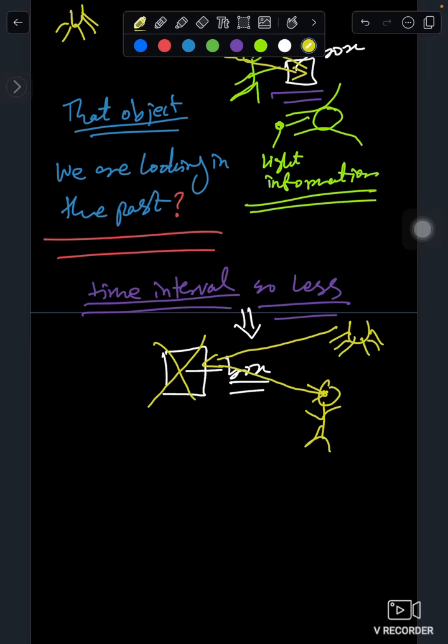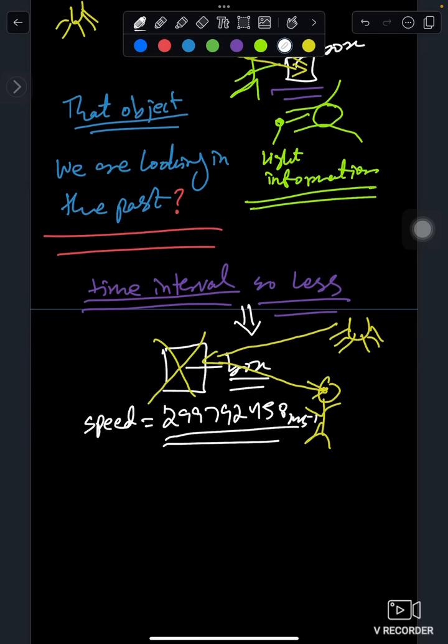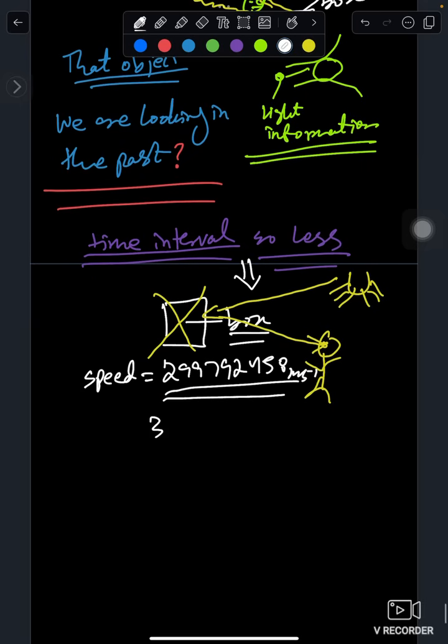So that means it takes time for light to travel as well, because what's the speed of light? The speed of light is 299,792,458 meters per second. Okay, this is our speed of light, or in short, 3 times 10 to the power 8 meters per second.